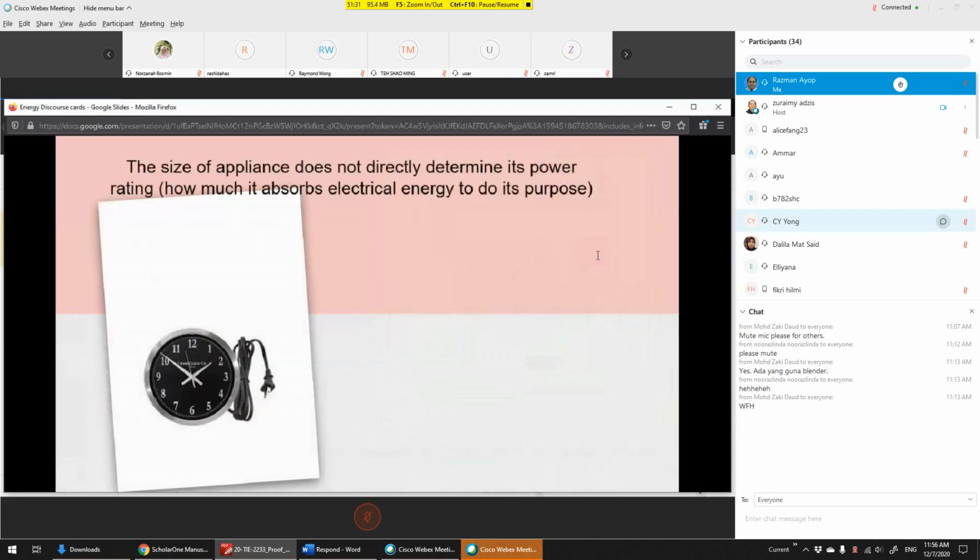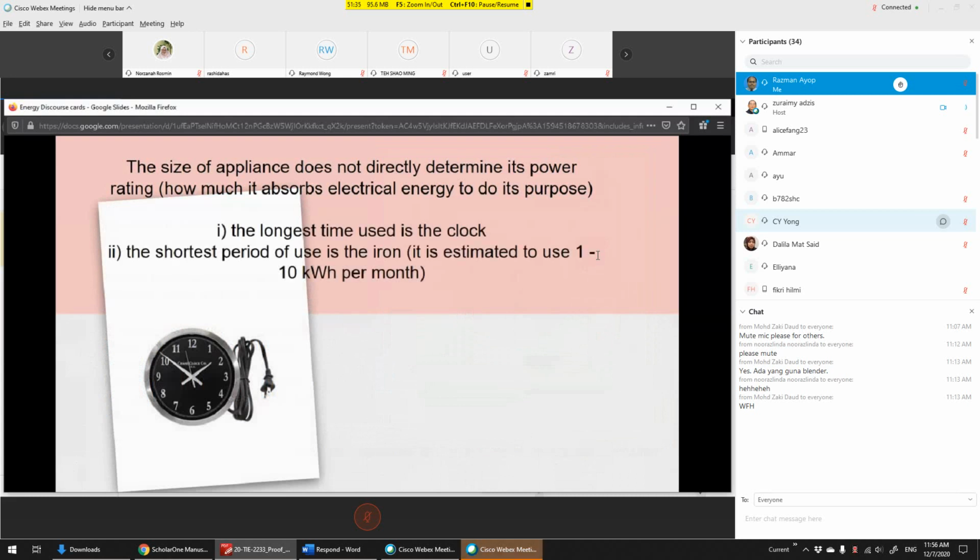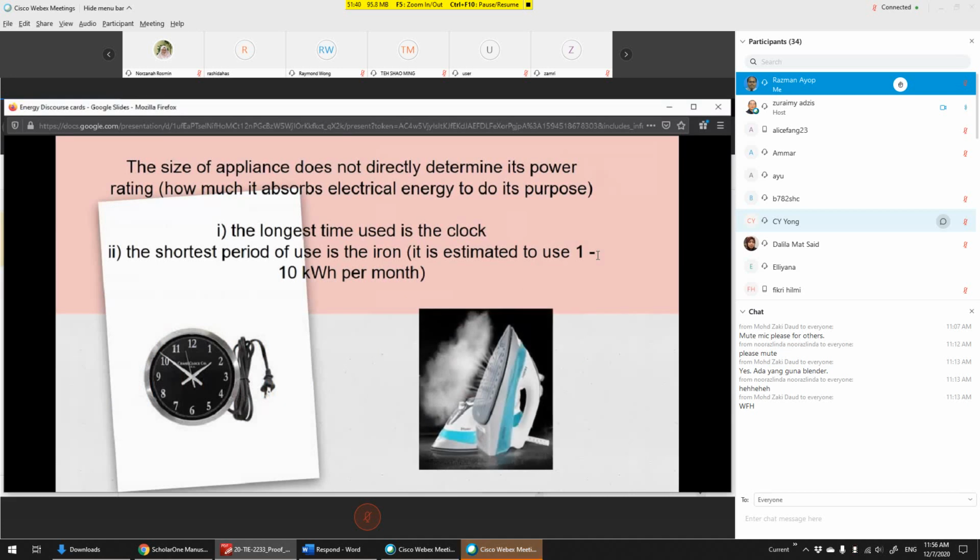The clock doesn't take that much power. It is used all the while, but only 4 kilowatt hours. And then also the electric iron. If you use it for maybe 10 hours per month, then it costs you 10 kilowatt hours. 10 kilowatt hours times 20 cents, around 2 ringgit, or 2 ringgit 10 cents per month.